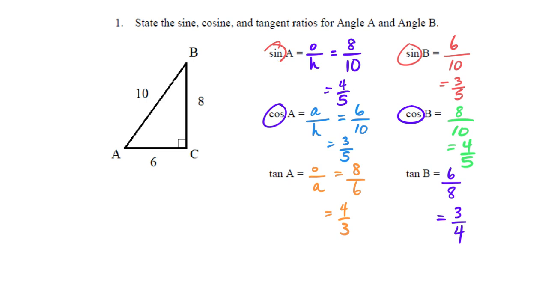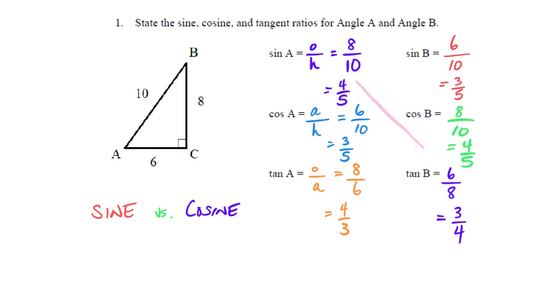However, it is really important for us to remember the actual names. Remember, it's sine, and I'll just put versus, not that they're battling each other, versus cosine, right? We can see that in there, sine in there. Okay, why is that important? Well, if you take a quick look at our ratios, what we calculated, you will notice that the sine from one angle equals the cosine from the other.